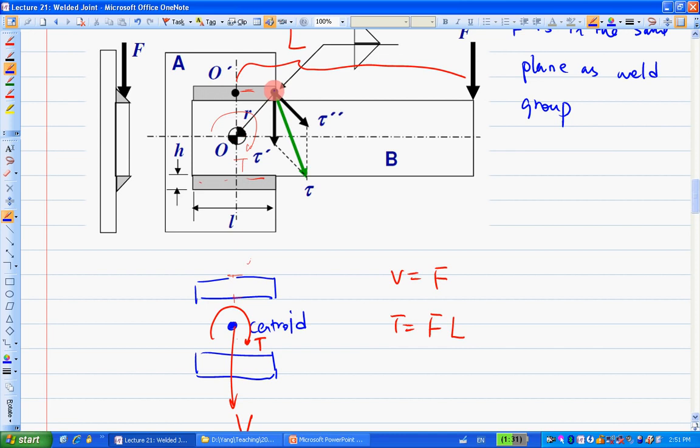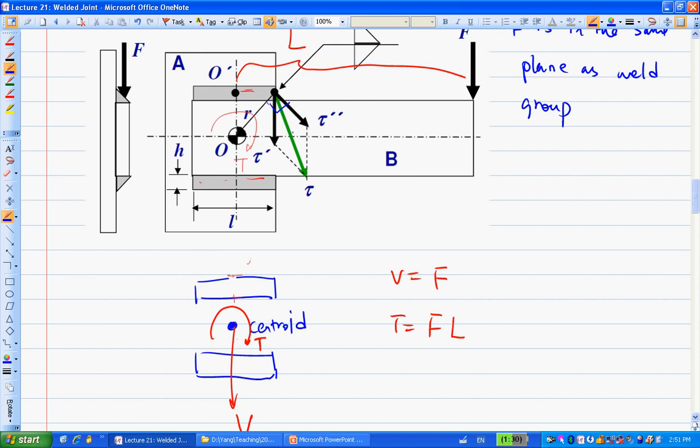You draw the R here, and the torque T goes like this. The tau double prime will be in the same direction as the torque, and it is perpendicular to this R.